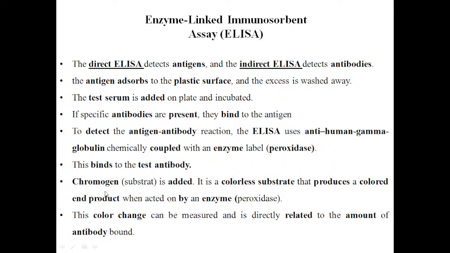Then we should add specific substrate. It is chromogen. Actually, chromogen is a colorless substrate that produces a colored end product when acted on by enzyme peroxidase. Chromogen is destroyed by enzyme, so we can see changing of color. This color change may be measured, and it's directly related to the amount of antibody bound.